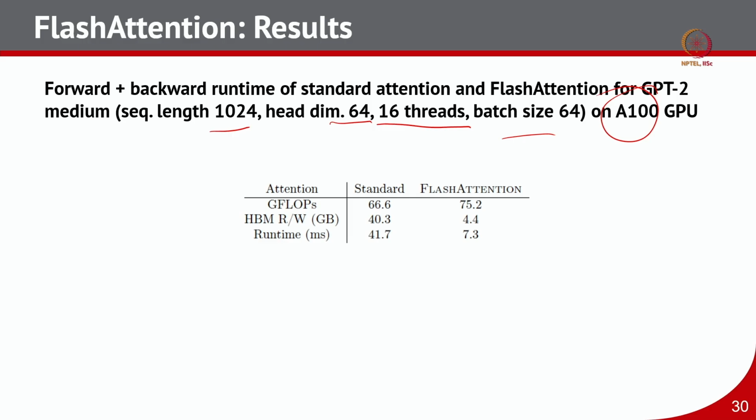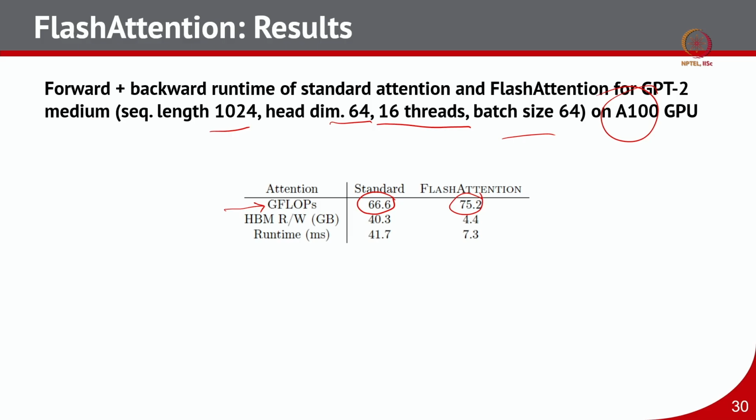Remember we discussed recomputation. You might say that if we do recomputation during training, then we might increase the latency. Apparently not, but of course the number of gigaflops is increasing. In standard attention the number of floating point operations is 66.6, but in FlashAttention it has increased to 75.2. That is almost a 13 to 14% increase.